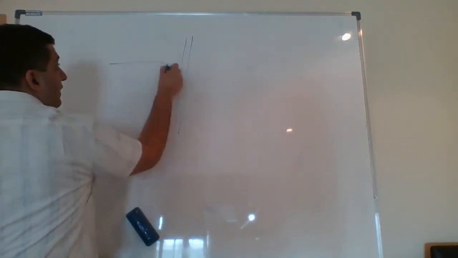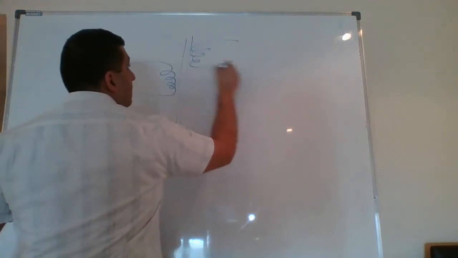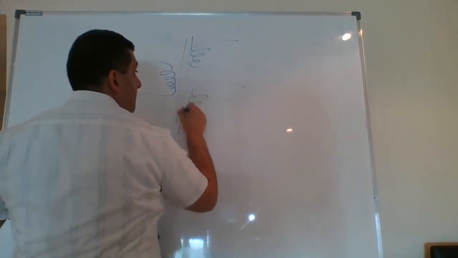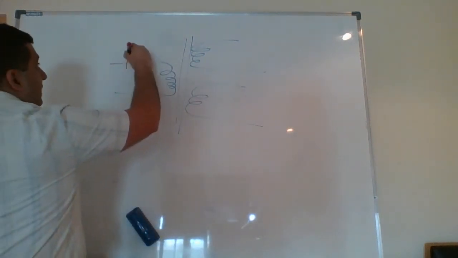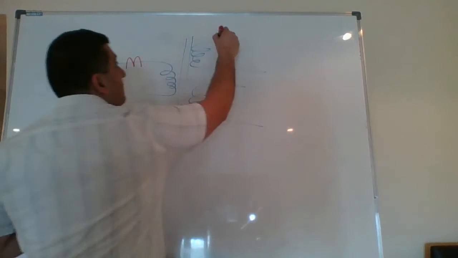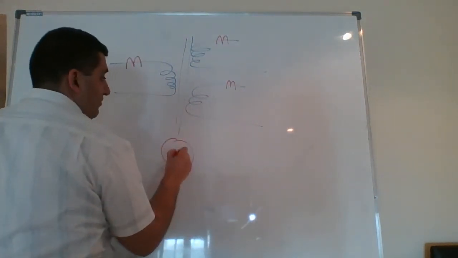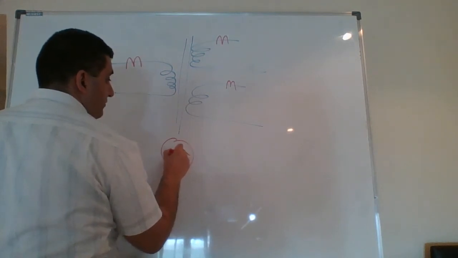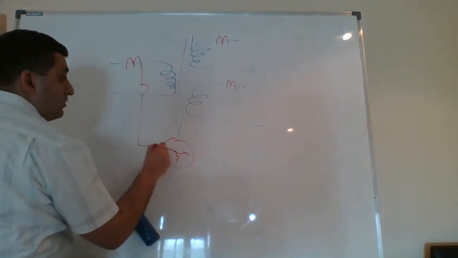On this side, I have one winding. On this side, I have two windings. This is my CT. This is my CT. This is my CT. In here, I have my differential relay. The system in here goes down.